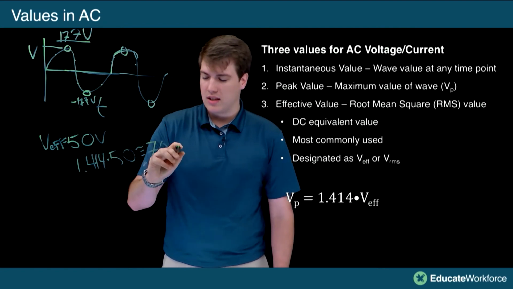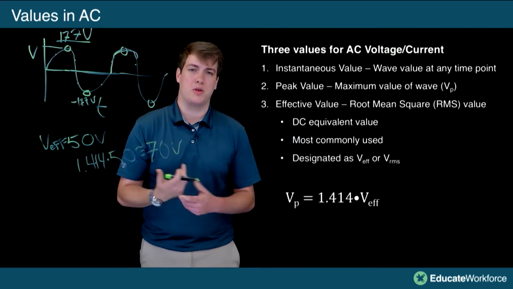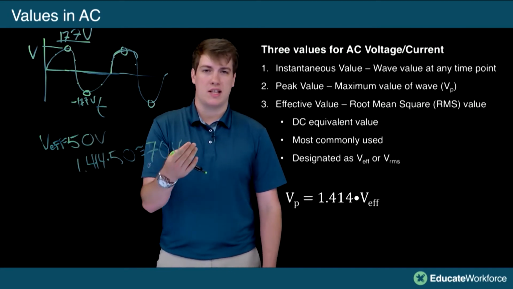And so this is our actual peak voltage. This is the maximum voltage that would go across the capacitor. So if you have something rated for 50 volts, suddenly it's not good enough.